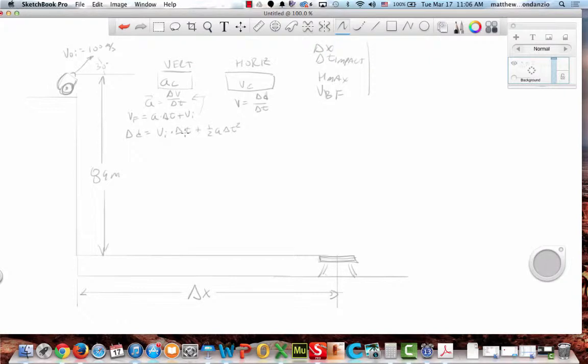What's my last big relationship that I've got? V final squared equals V initial squared plus 2A times delta D. Right? So these are our basic equations. Does that make sense? Okay. So these are the ones we can use for constant acceleration. There's basically three of them, ostensibly, right?